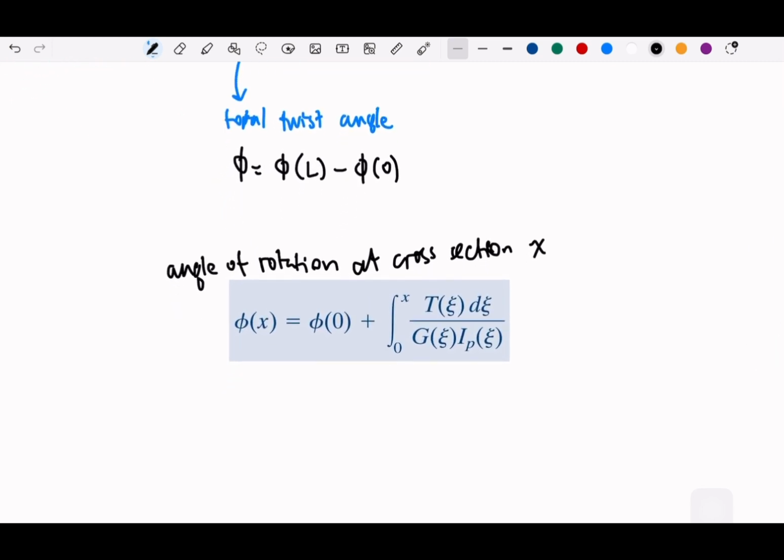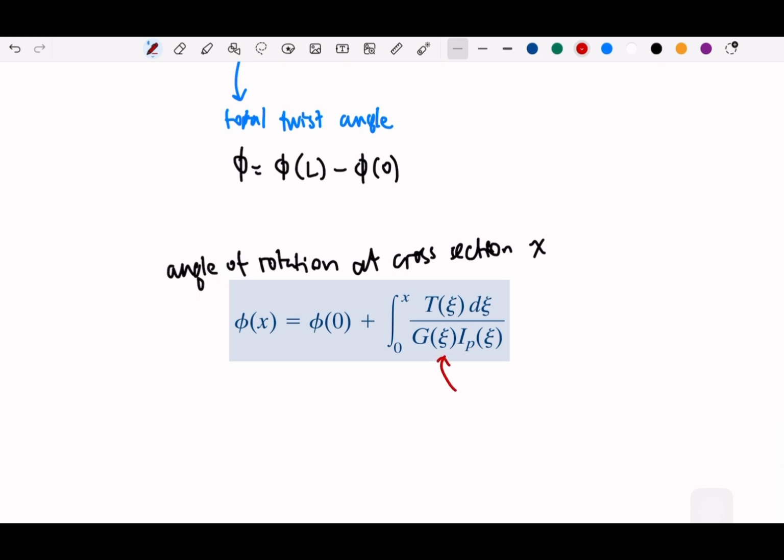Now we can start with the psi at the origin, plus we have the integration, because there will be variation in terms of X, and that means that every cross-section will have a different radius, which means we need another variable to be assigned.